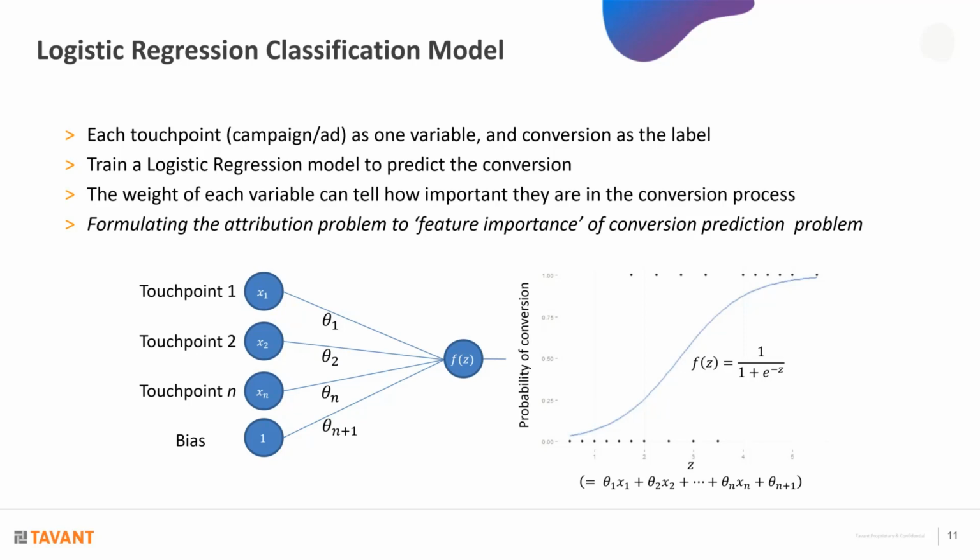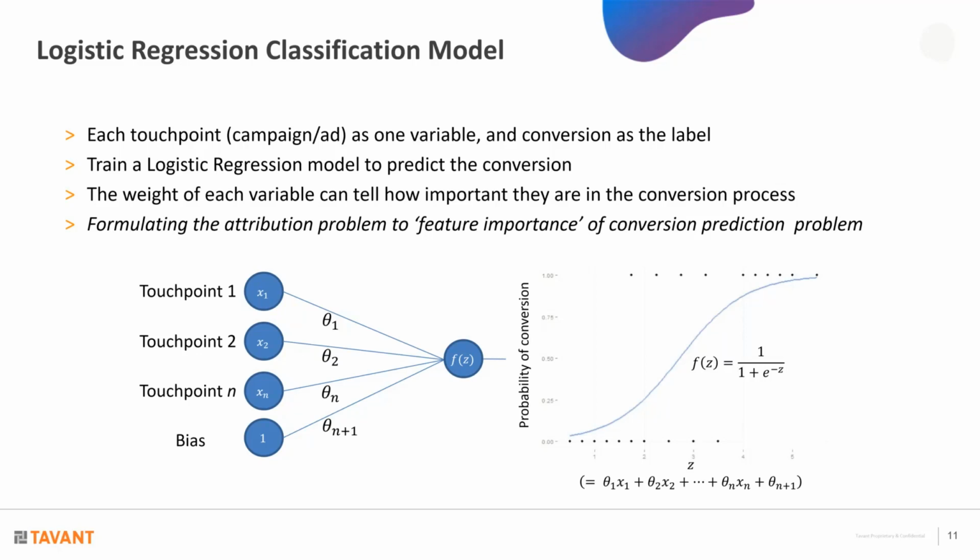Therefore, logistic regression, even though it does not have that high a degree of accuracy, is very useful in coming up with the attribution weights for the various channels or campaigns or ads. So this is the first model which is generally used. It's functional, it does its job.